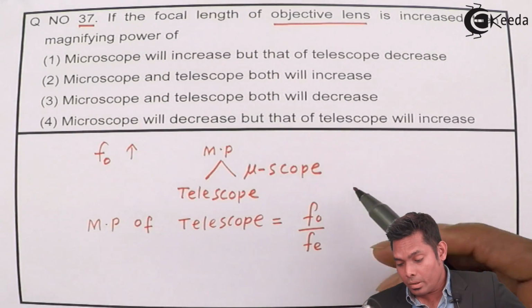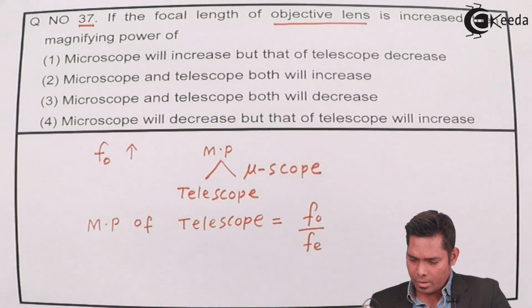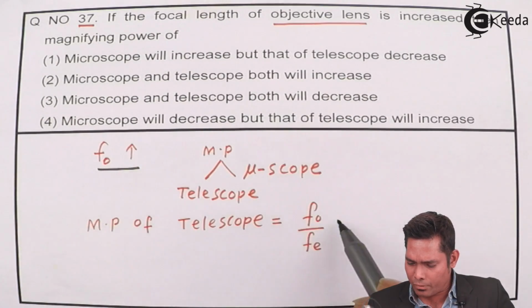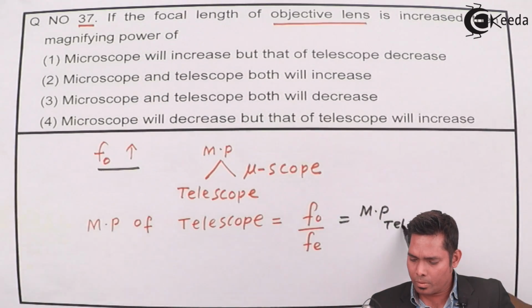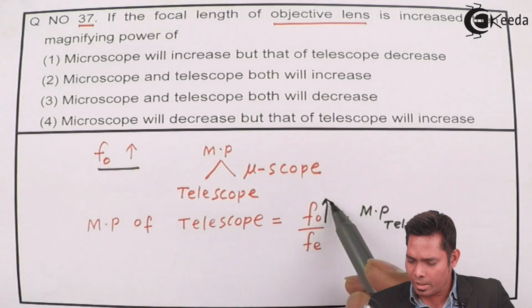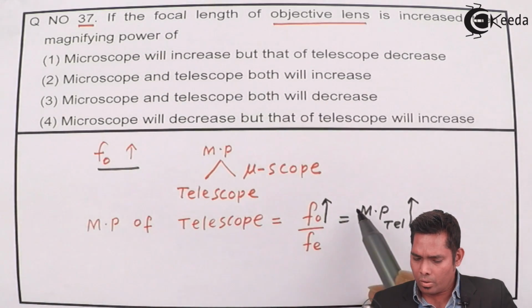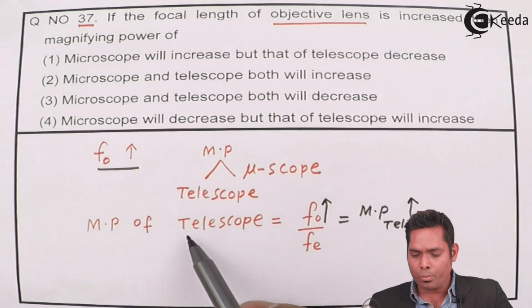Now, if FO increases, it's given that FO has to be increased. This is the condition. So this is the magnifying power of the telescope. If FO increases, then this will also increase. So the first thing is that the magnifying power of telescope will increase.